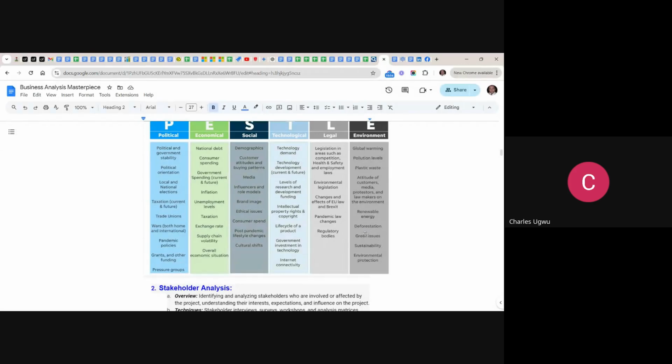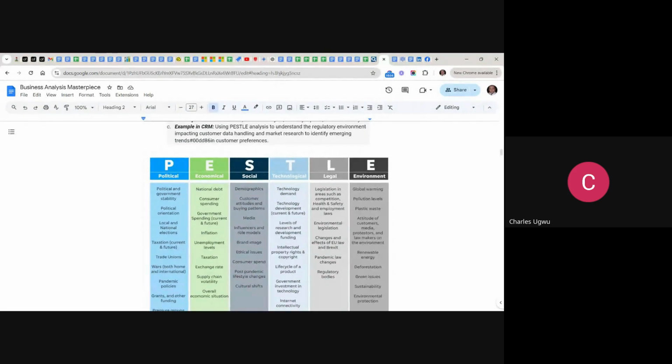But what is this word called PESTLE? PESTLE is a short form. If we look at the full meaning of PESTLE: P is for political, E is for economic, S is for social, T is for technological, L is for legal, and E is for environment.